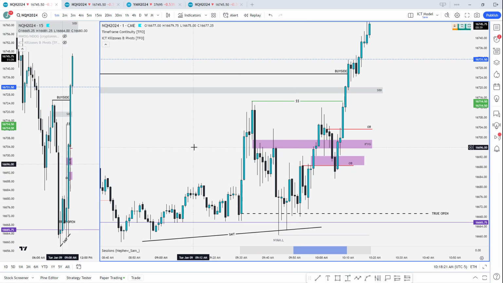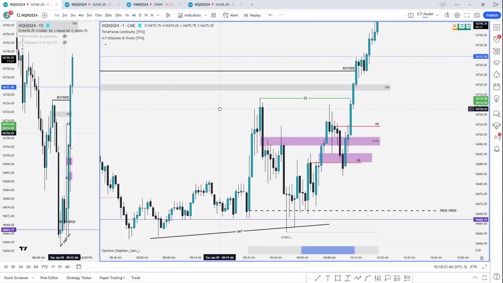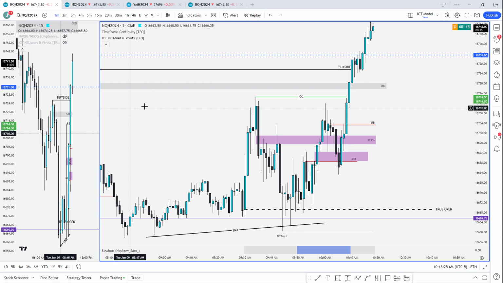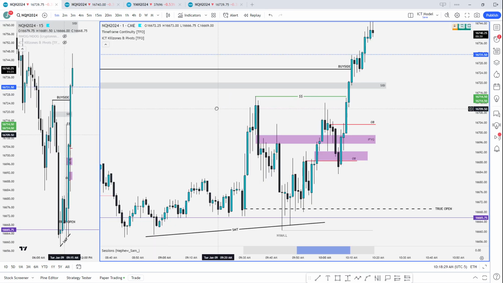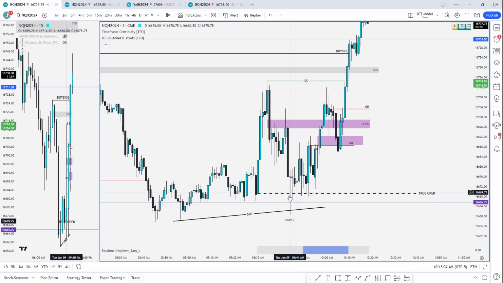On a day like today, where we have no red folder news, didn't see a large overnight move, and we have draws on both buy side and sell side, it becomes difficult to see when price action is poor.